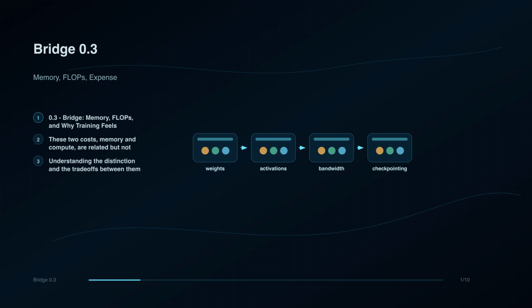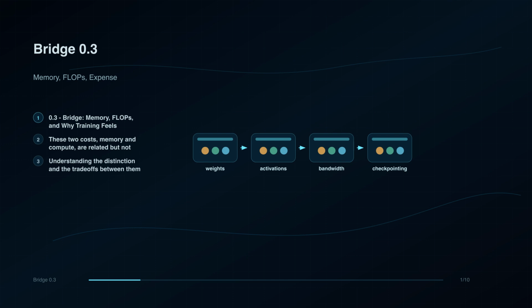Consider a model with 10 billion parameters. If each parameter is stored as a 16-bit floating point number, that's 20 gigabytes for the parameters alone. Gradients, which have the same shape as parameters, add another 20 gigabytes. Optimizer states, typically stored in 32-bit precision for numerical stability, can add 40 gigabytes or more, depending on the optimizer.